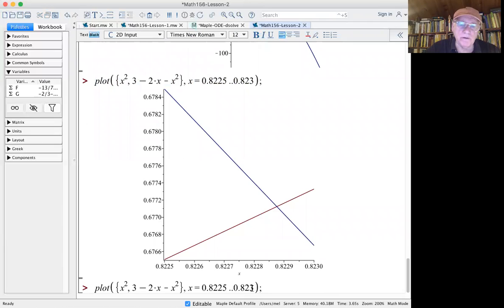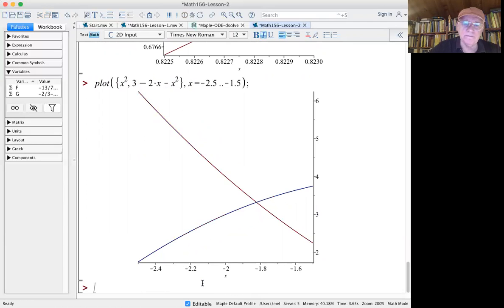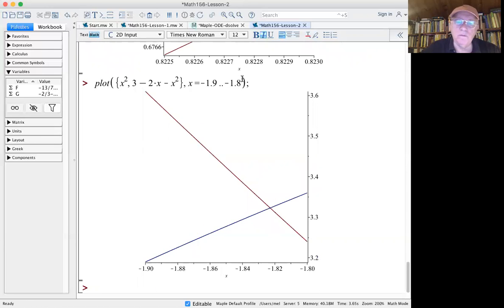Maybe I'll graph this from -2.5 to -1.5. Aha. So this point of intersection looks like it's really between -1.9 and -1.8.